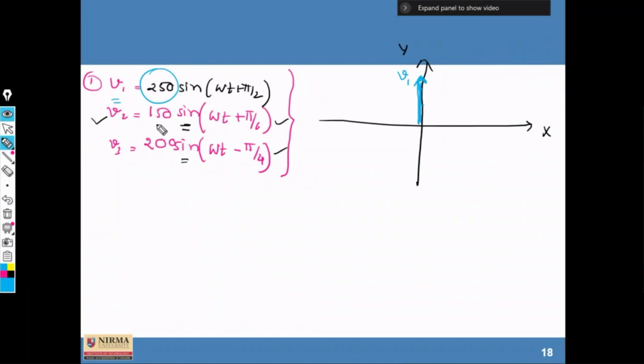Agreed? Similarly, vector V2 is plus pi by 6. Pi by 6 is 30 degree. We can draw this is V2 with an angle 30 degree.